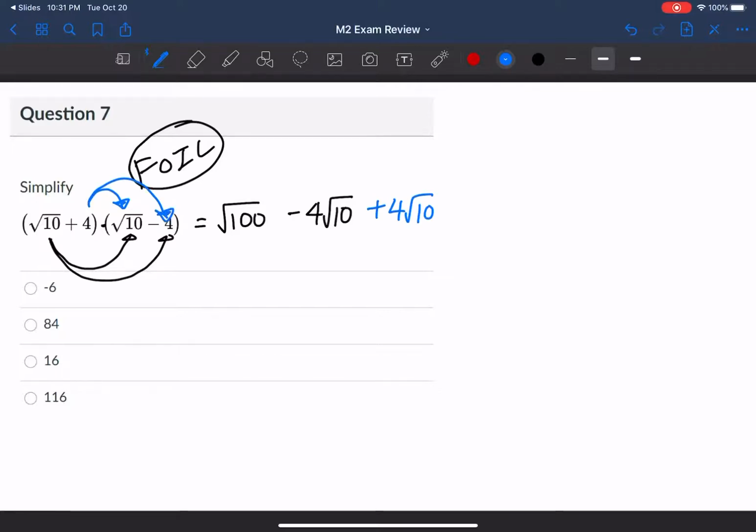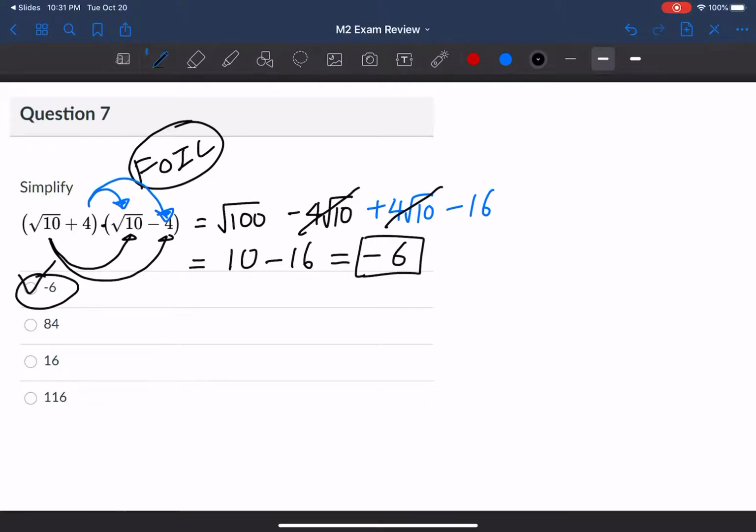Last one, 4 times negative 4, which is negative 16. Let's simplify. Square root of 100 is a perfect square, which is 10. This cancels, 10 minus 16 equals negative 6. Okay, so remember how to multiply radicals.